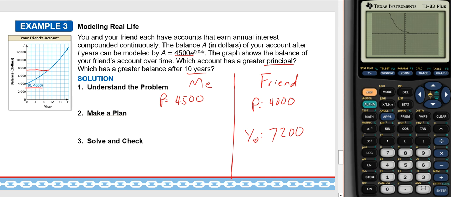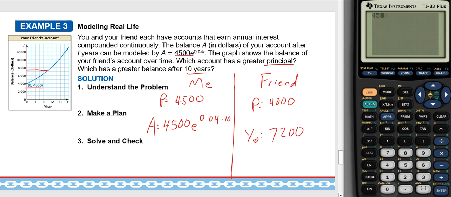For my account, I am going to have to take my formula, 4,500 times e to the 0.04 times 10 power. And that is 100% going to be a calculator problem.